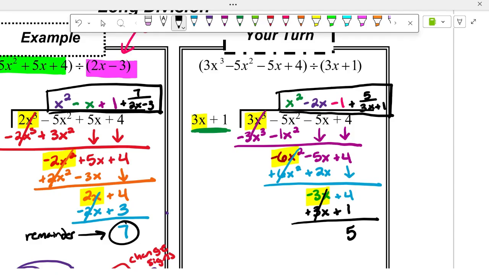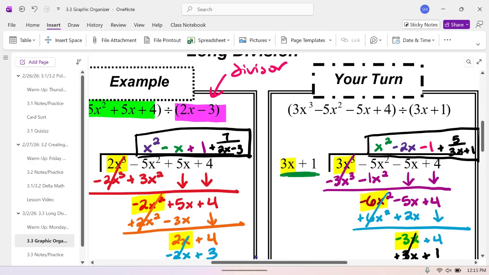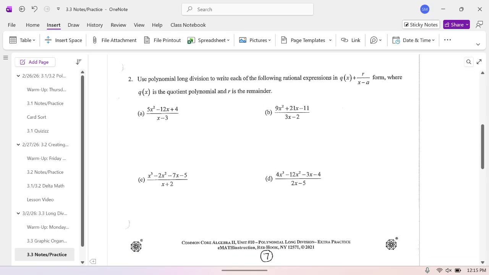Okay, we're going to do some more practice with this, so take out your packet. Go to page 7.